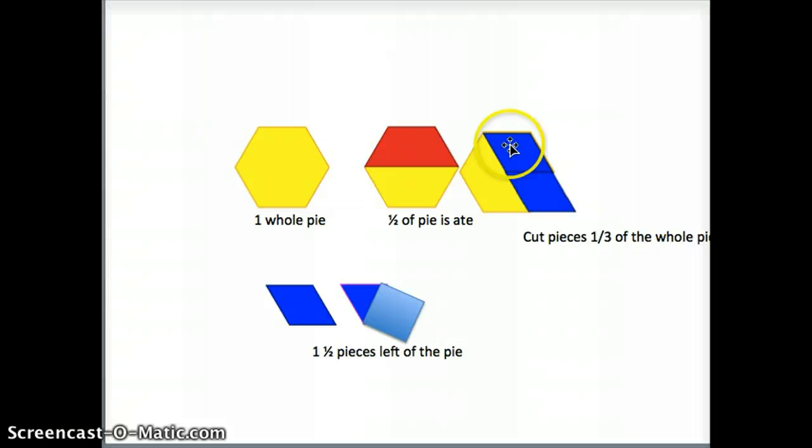So there's 1/3 right there, and then there's the other third where it's only going to be half of the piece, half of a whole. So you end up with 1 1/2 pieces of pie left over.